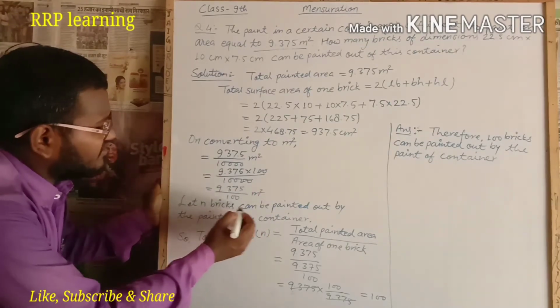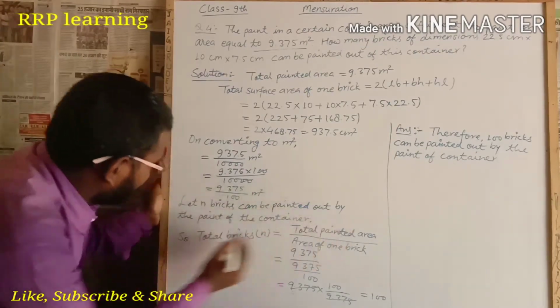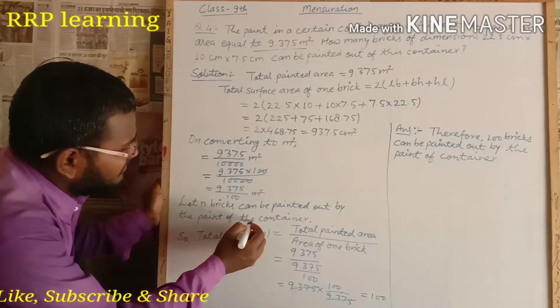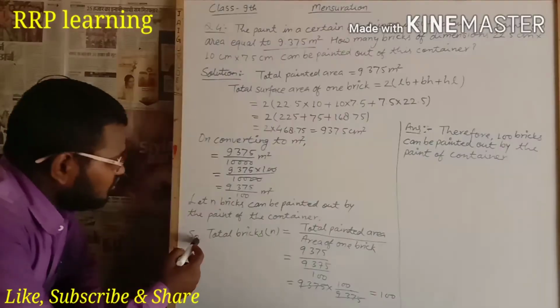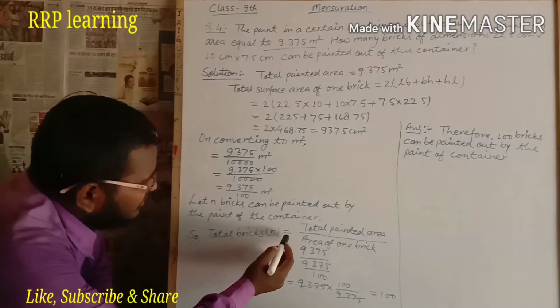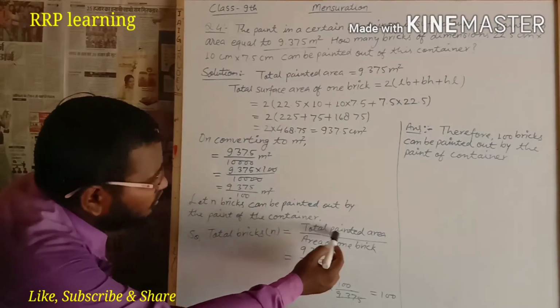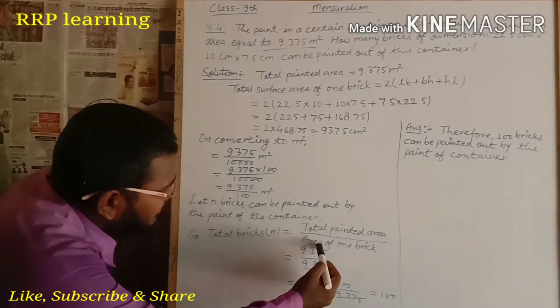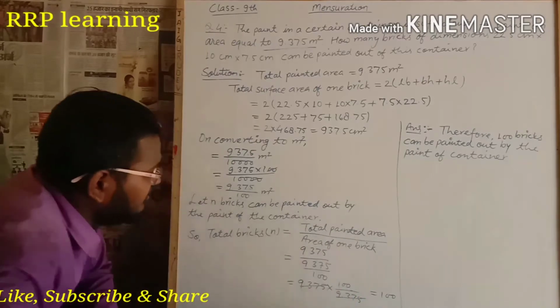Let n bricks be painted out by the paint of the container. So total bricks n equals total painted area upon area of one brick.